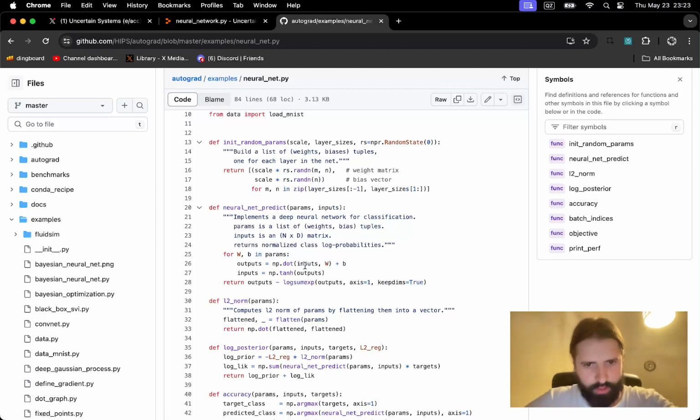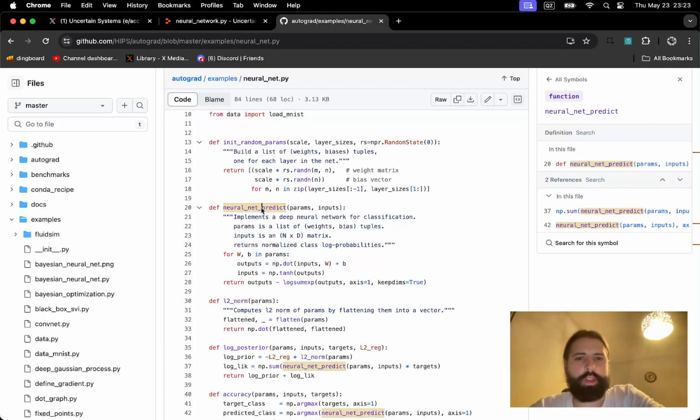So here the prediction does a forward pass, which essentially implements a deep neural network. The parameters are a list of weights and biases.